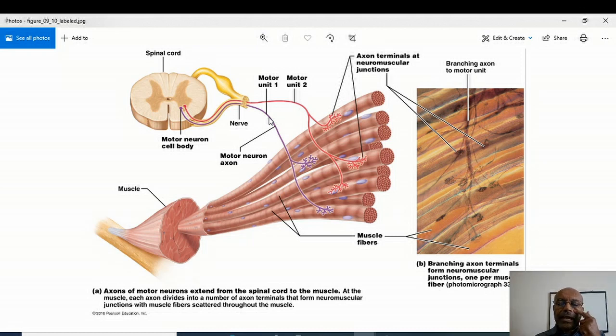So every time an electrical impulse comes along this nerve, these 2 skeletal muscle cells are stimulated together, they contract together. They are a team, a unit, which function always together. So the fewer the number of skeletal muscle cells attached to one motor neuron, the more precise the action is.